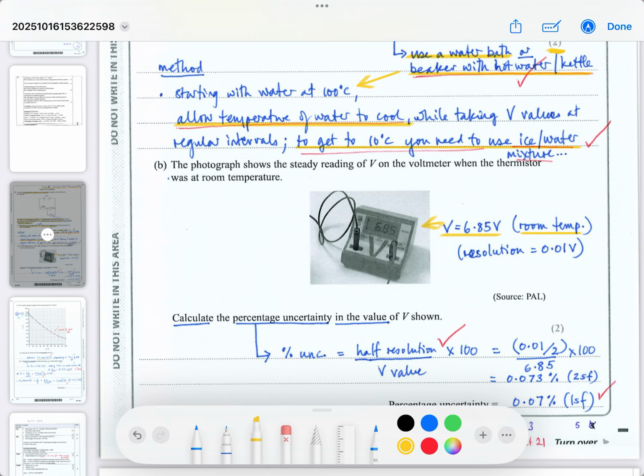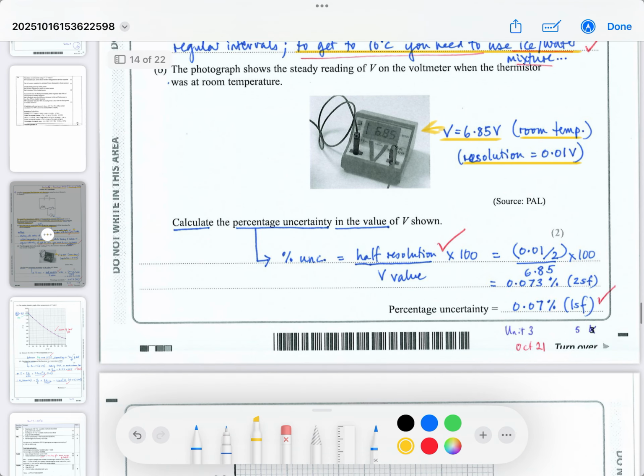Remember the resolution of a voltmeter is 0.01 volts. What they want you to do here is to calculate the percentage uncertainty of this reading. I was explaining to my students that percentage uncertainty is equal to half the resolution divided by the voltage value, or the mean value if you've taken more than one.